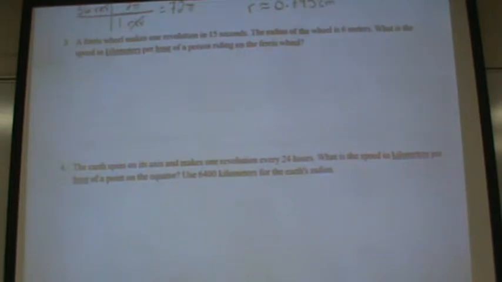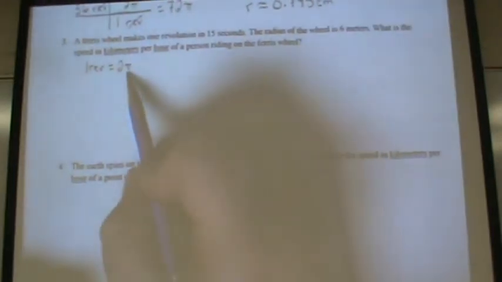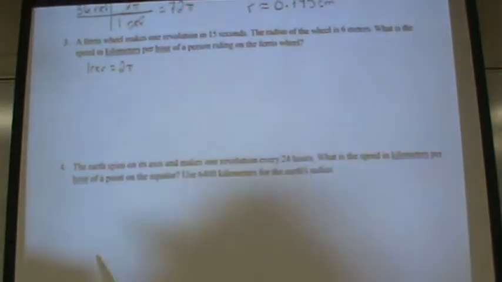Number 3, we have a Ferris wheel that makes 1 revolution in 15 seconds. The radius of the wheel is 6 meters. What is the speed in kilometers per hour of a person riding on the Ferris wheel? So again, we know that 1 revolution equals 2 pi, so we know our theta.